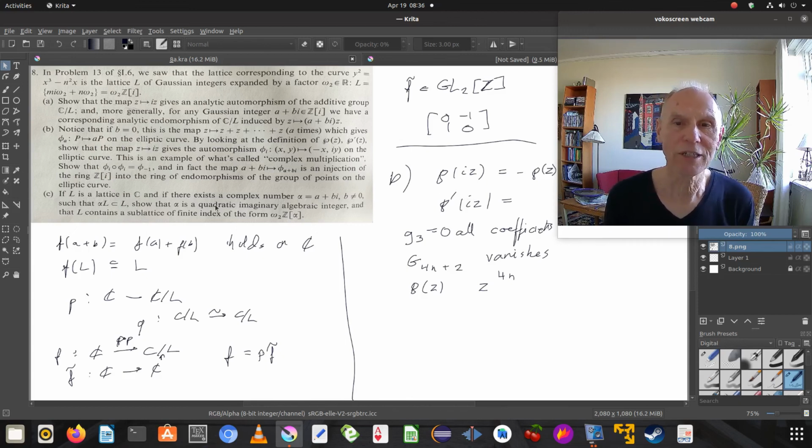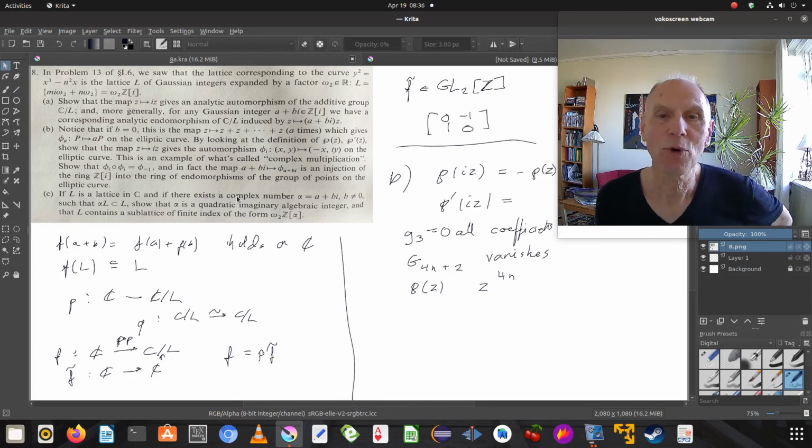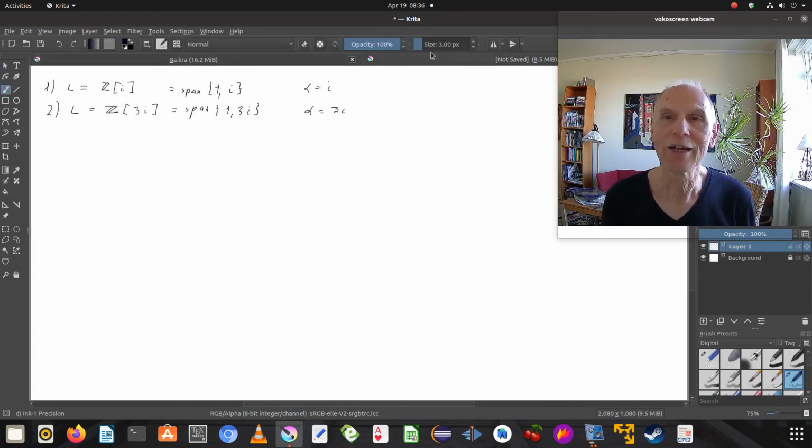Now part C gave me some problems. First, I made some examples, and then I realized after the last recording that any Gaussian integer would work here, and here any element of this number in this lattice itself would do the trick. That reminded me of some number theory I did some years ago.